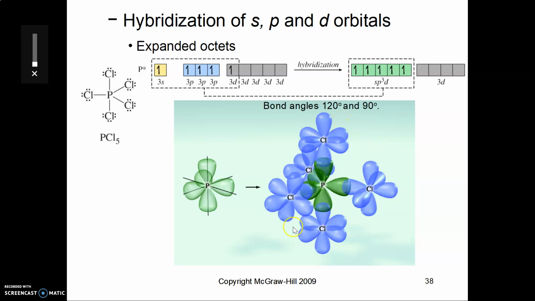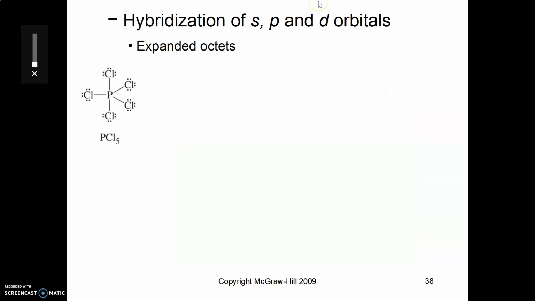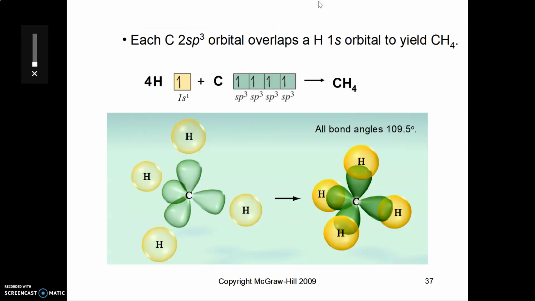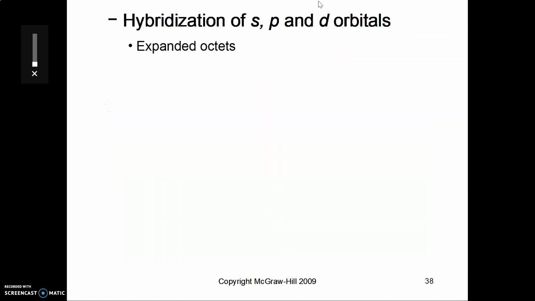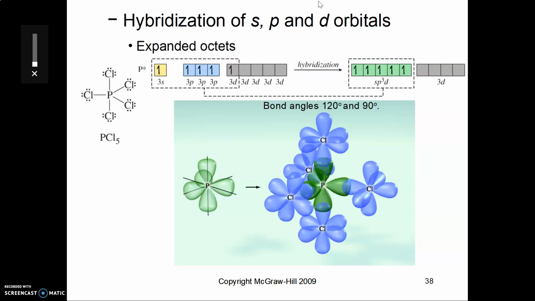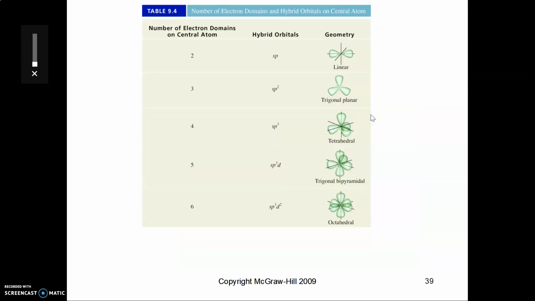I am not going to be too concerned with you knowing anything past sp3. Spd gets very wonky and confusing and not worth spending too much time on. But I want to show it to you so you understand why you see exceptions to the octet rule. Phosphorus and chlorine here are sp3d hybridized.